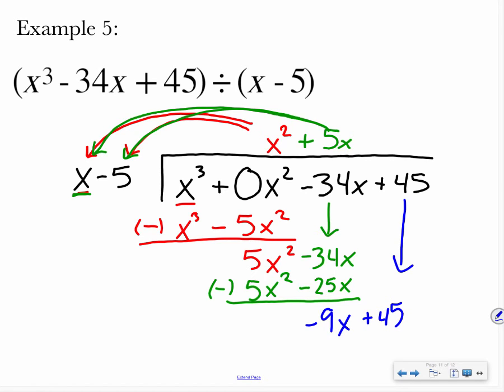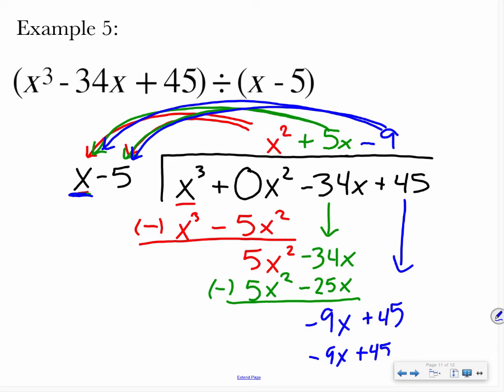What do I need to multiply by in order to get negative 9x? I need to multiply my x by a negative 9. So I have a minus 9 up top. So negative 9 times x, that gives me negative 9x. Negative 9 times the negative 5, that gives me positive 45.